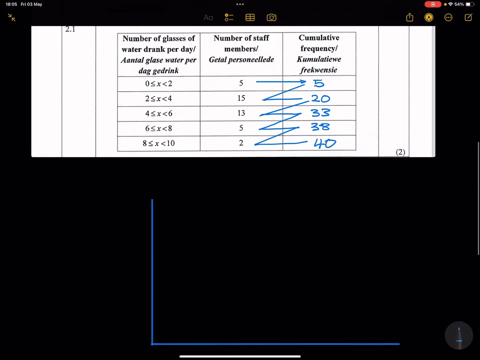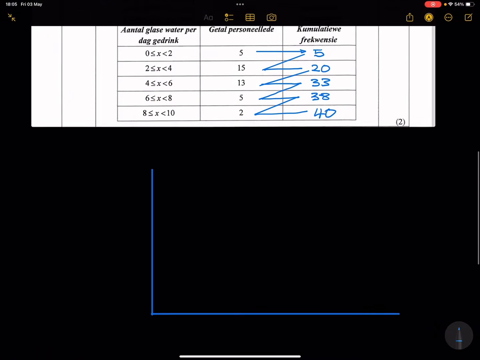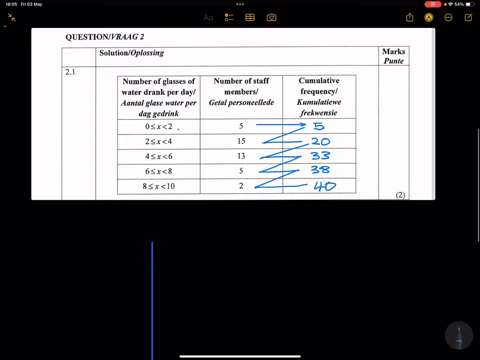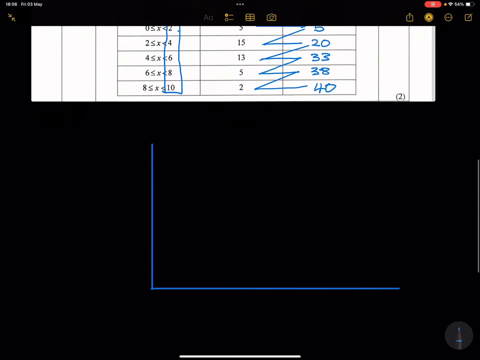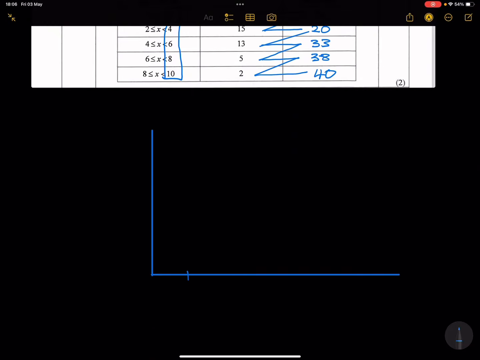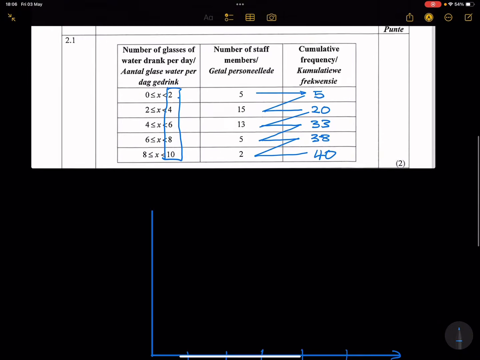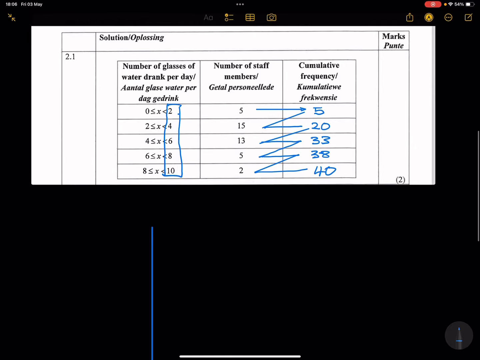Remember that you take your upper boundary values, so for x, I'm going to take 2, 4, 6, 8, and 10. These are my x values, which represent the number of classes. And for y, that would be my cumulative frequency values.